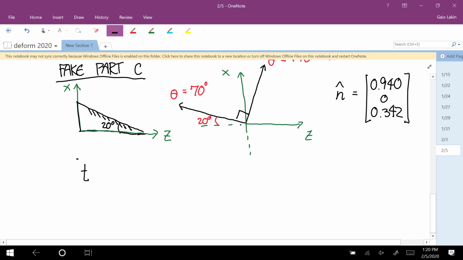So the traction on that face is just the stress tensor times that. Any other questions about this?